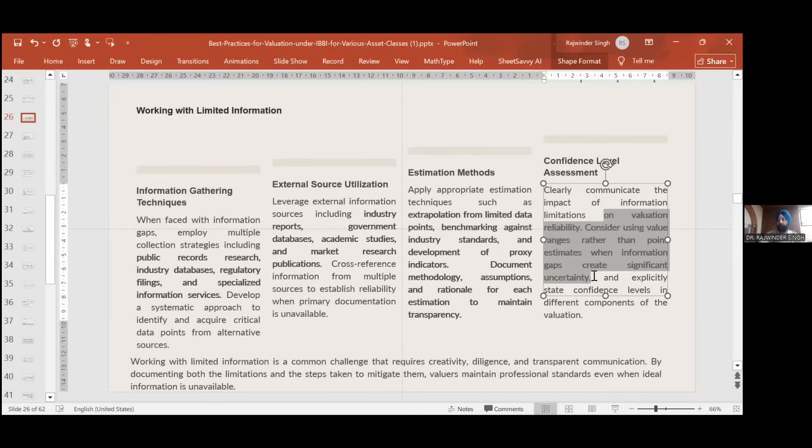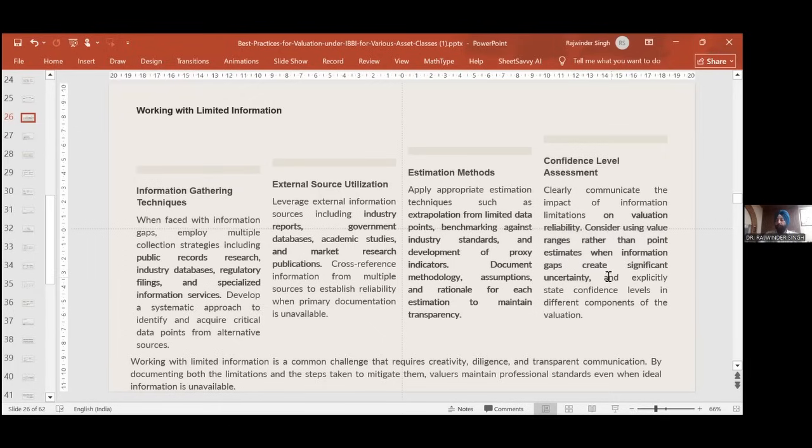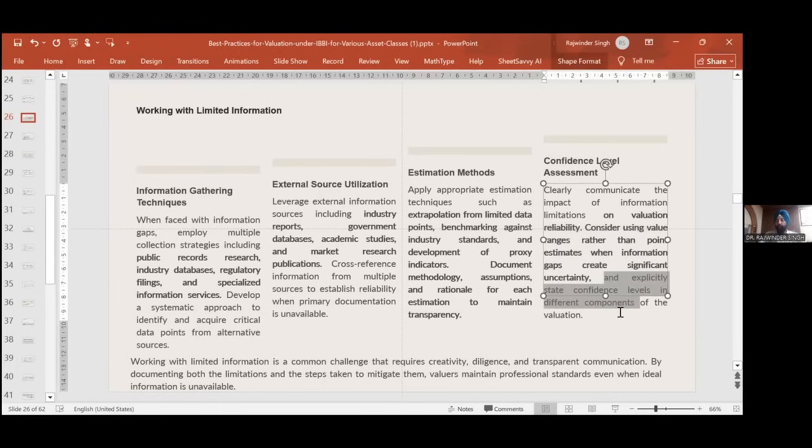When there is significant uncertainty, you should go for a range of values rather than a point estimate. Generally, in case of market approach, we use this methodology and explicitly state confidence level in different components of the valuation. That is important. So you should maintain a confidence level as a registered value.